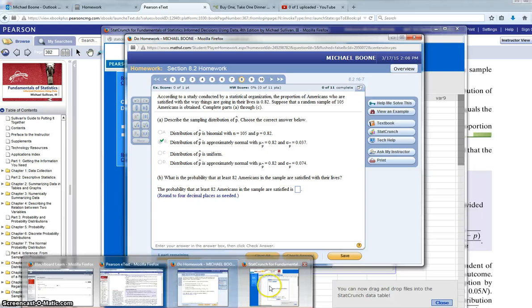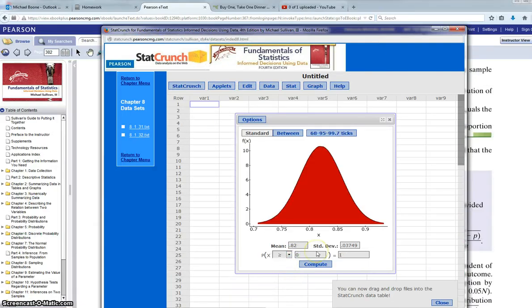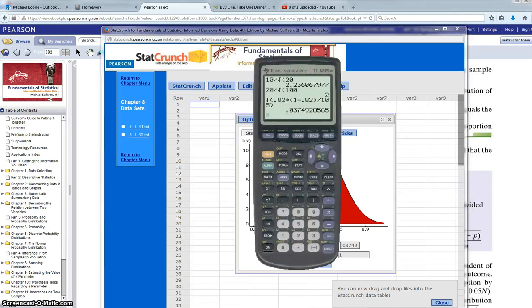So when I'm plugging in to this, I'm not going to put at least 82. It'd be 82 out of 105. This is where I'm going to put my p hat value. So my 82 out of 105, I would need to calculate that. This is my p hat, right?